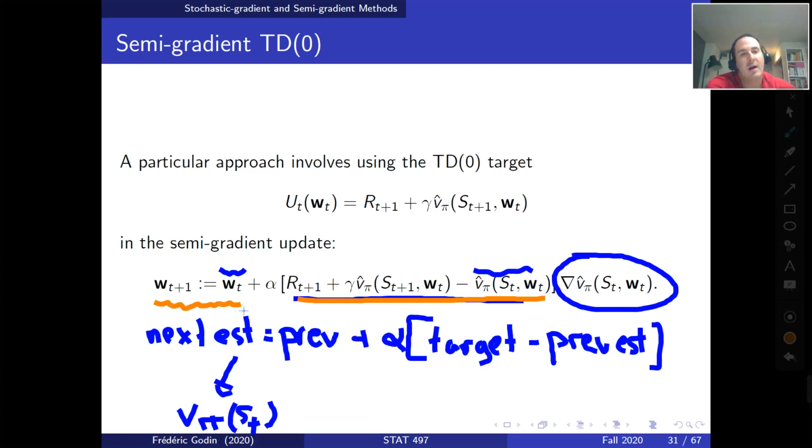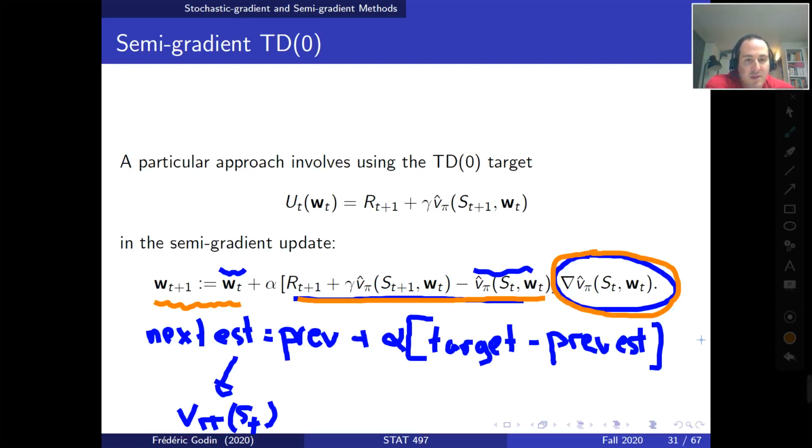It tells you, if you want to move the value function by this much, then you should move the parameters by this much. So it's the ratio of the variation of the value function to the variation of parameters. You can see it as a translator, which translates variations or errors of the value function into variation of parameters. I think it's a nice way to characterize this new gradient term, which wasn't there before.